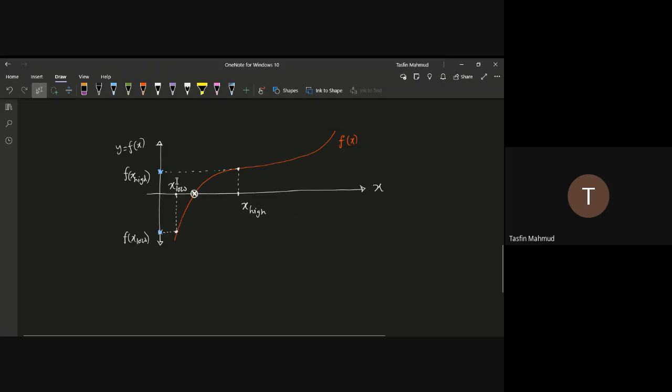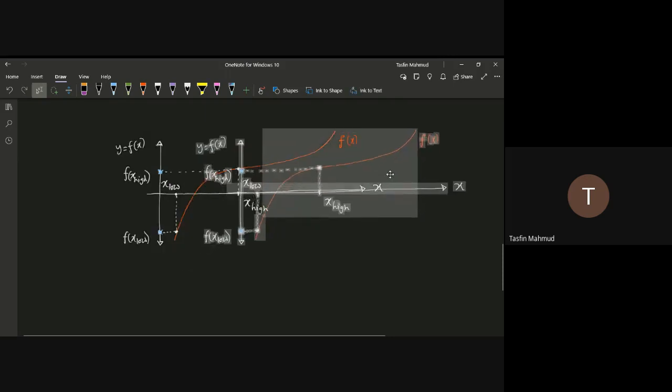So what we are going to do, we will divide this interval at every iteration of a loop. Let's assume this is our given x low, this is our given x high. We will determine the midpoint of x low and x high.